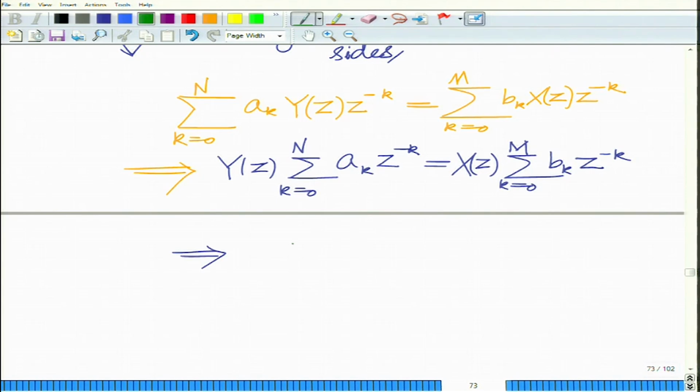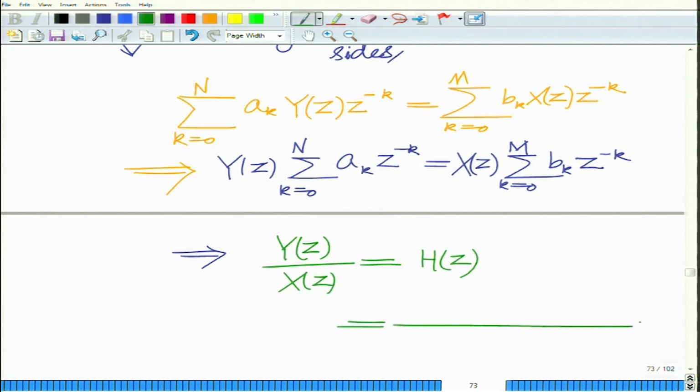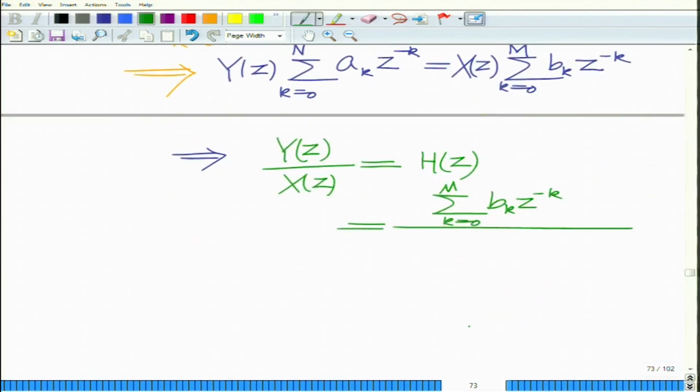Which implies that Y(z) over X(z) equals H(z). This is the summation over k equals 0 to M of b_k z^{-k} divided by the summation over k equals 0 to N of a_k z^{-k}.